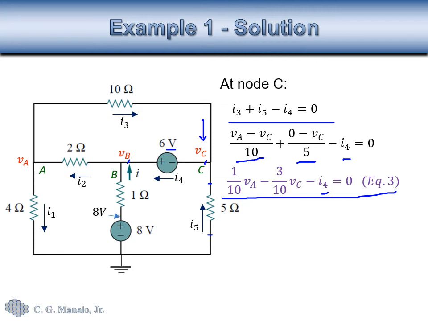Due to the position of the polarity of the 6 volts, this point here must be 6 volts higher compared to this one.